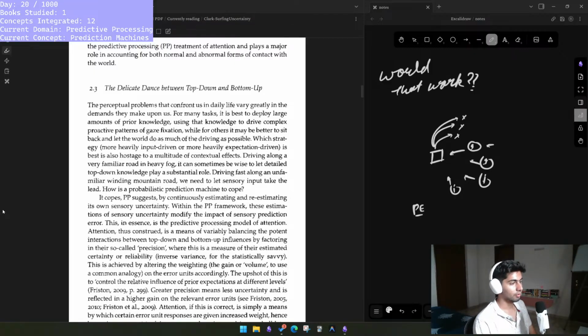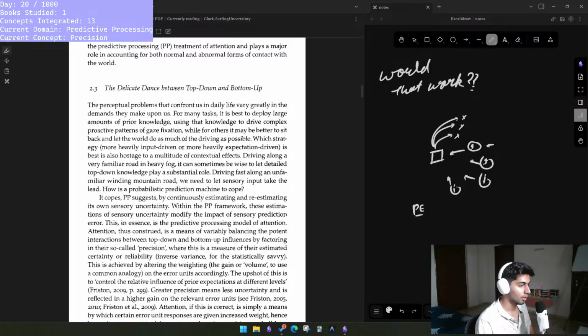We have prediction error, and now we have precision, right? So integrated concepts would be 13 now. Book study is still 20. The concept is now precision, not predictive processing. Rather than writing predictive processing, we can say PP.